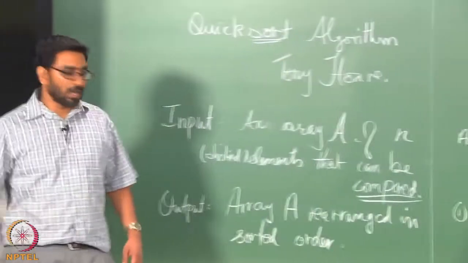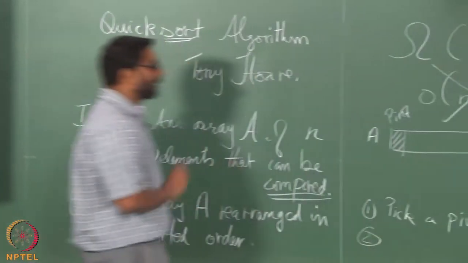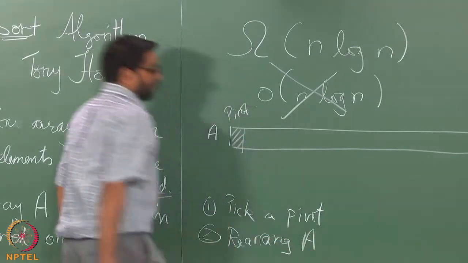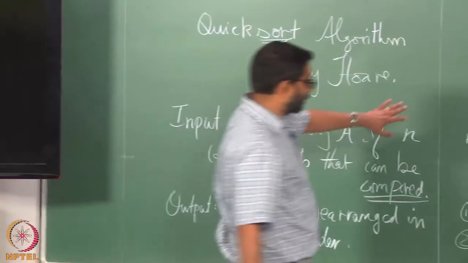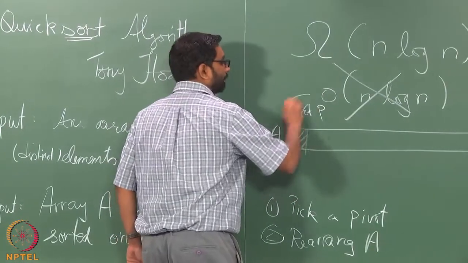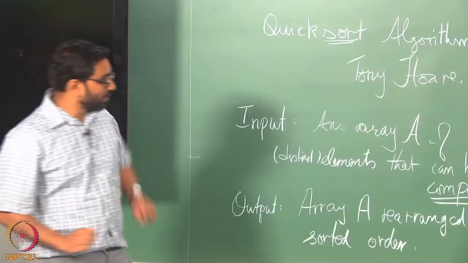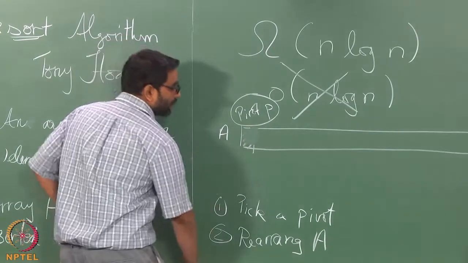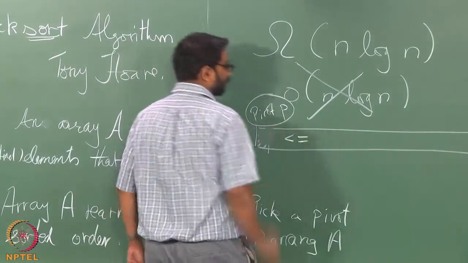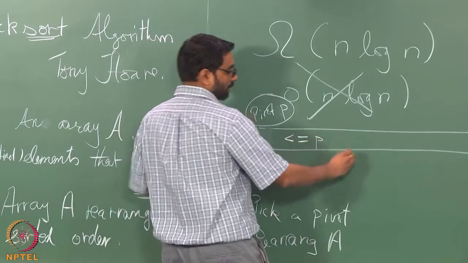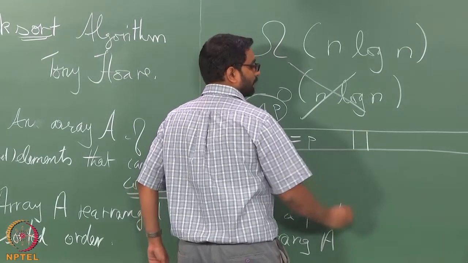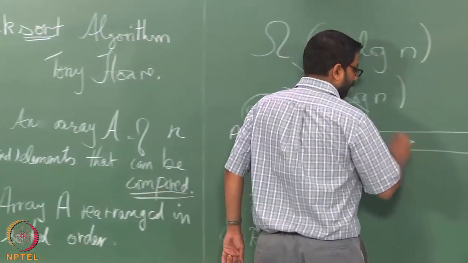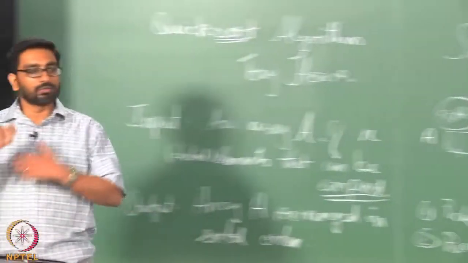The second step is to rearrange the array A, and let's call the pivot P, such that elements that are less than or equal to P get placed to the left of the pivot, and then you place the pivot P. Then all elements that are greater than P are placed to the right of the pivot.